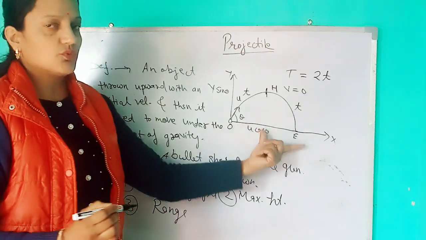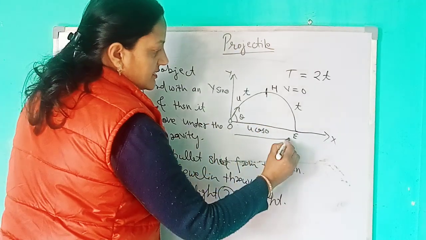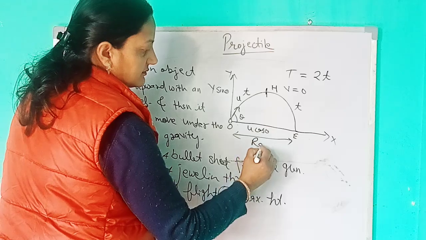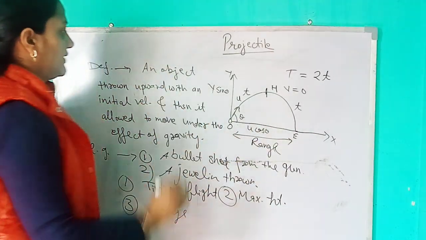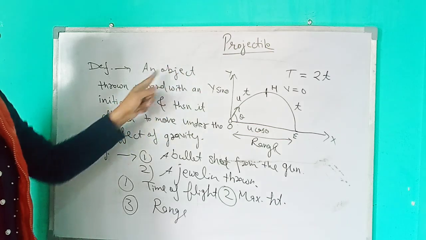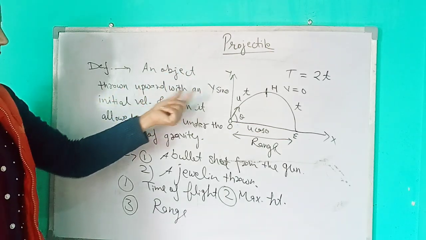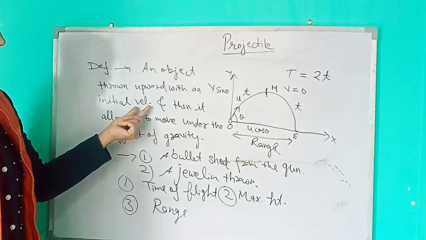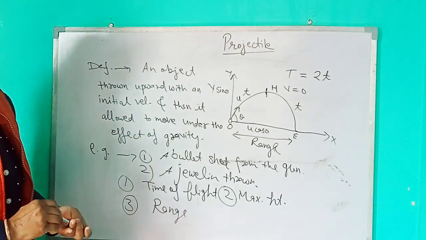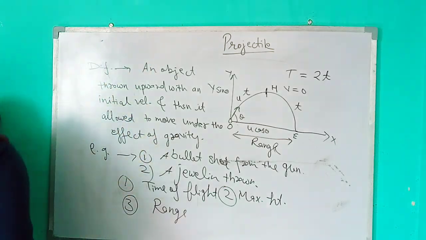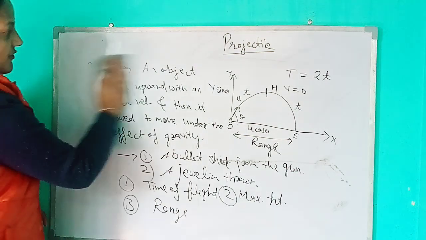Range is the distance from O to E. So we can define a projectile as an object thrown upward with an initial velocity and then allowed to move under the effect of gravity. This is projectile.